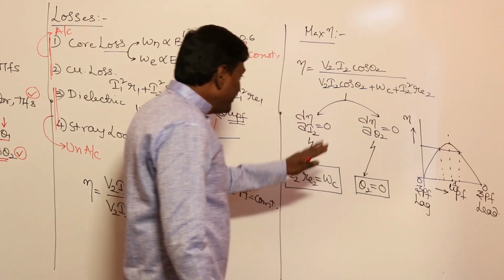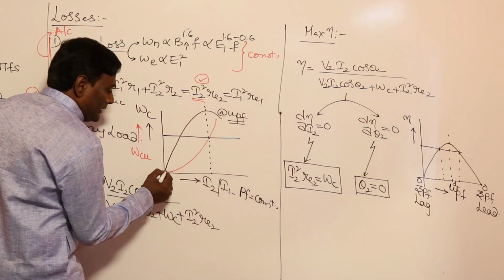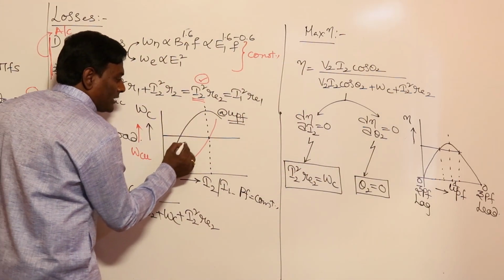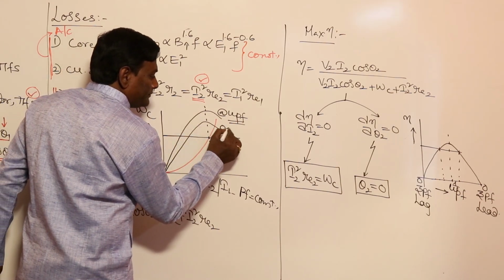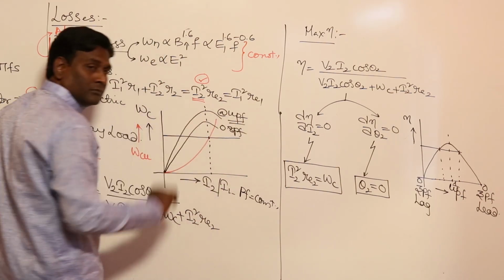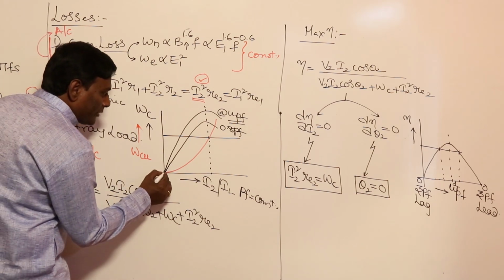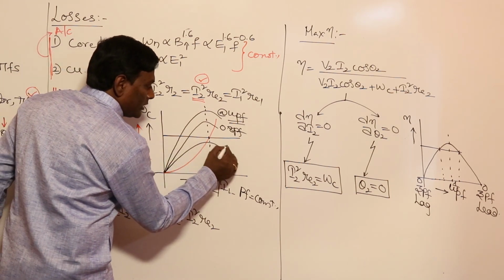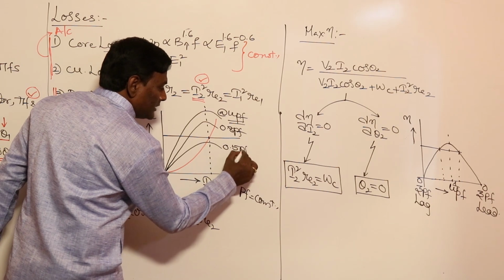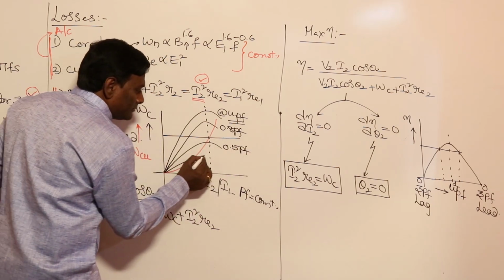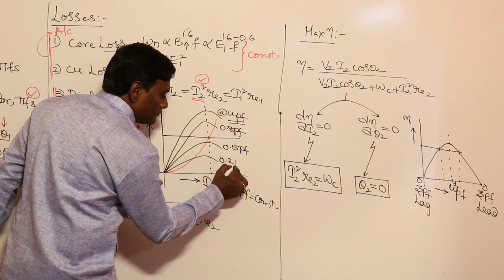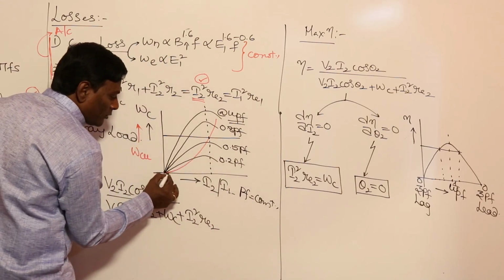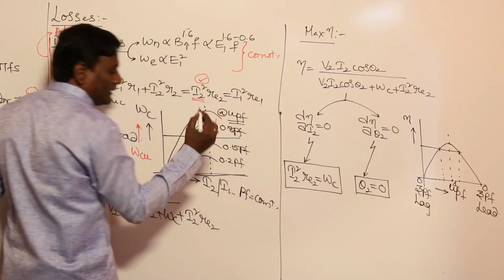Yes. So if I club this here, at 0.8 power factor the characteristic is going to be here. At 0.5 power factor, at 0.2 power factor, and at 0 power factor, the characteristic is going to be a straight line.